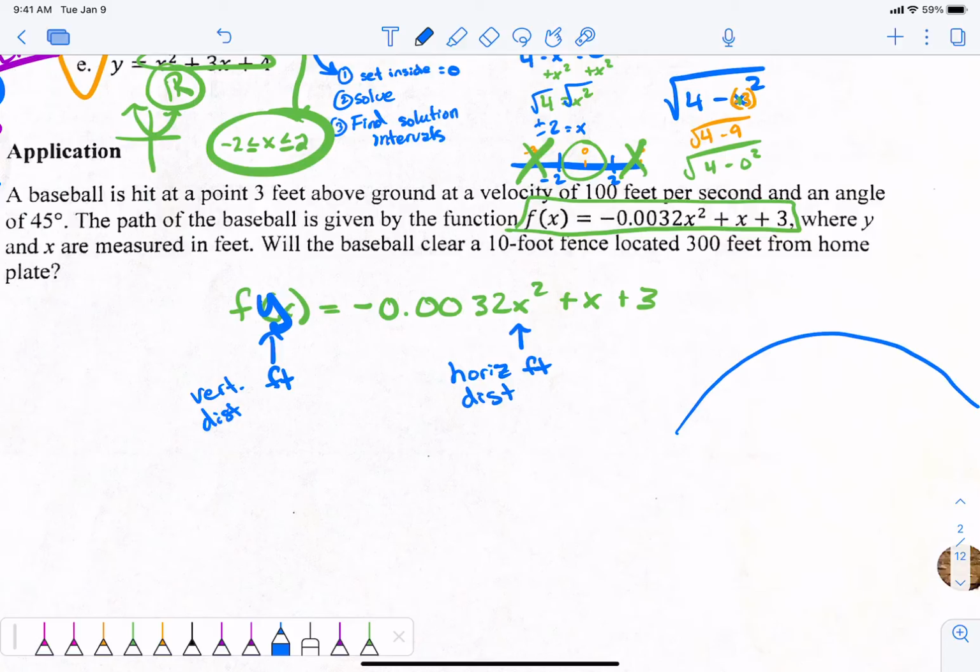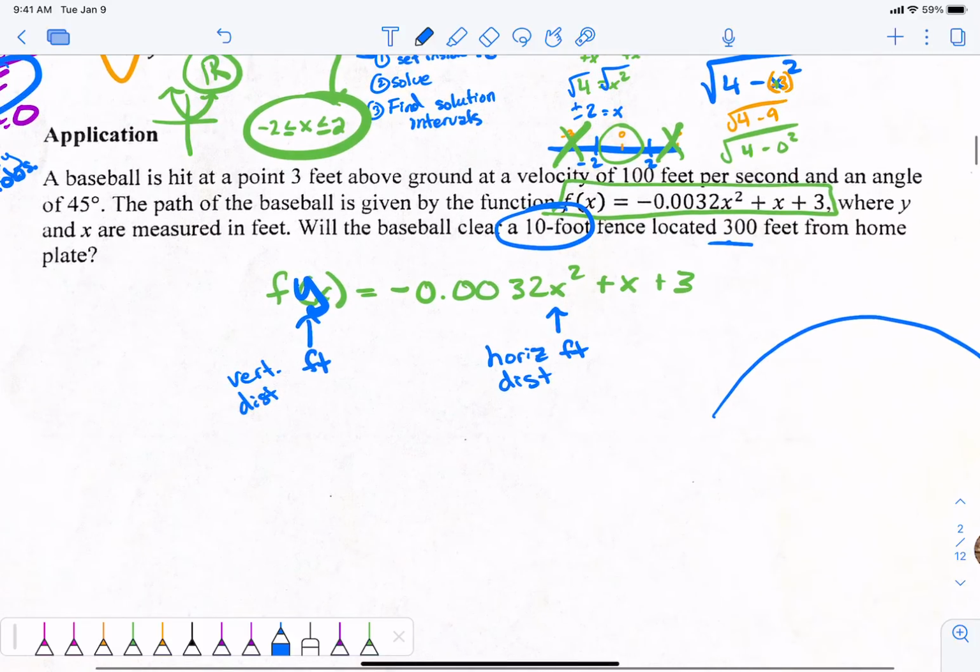It says, will the baseball clear a 10-foot fence located 300 feet from home plate? How do you want to do this?